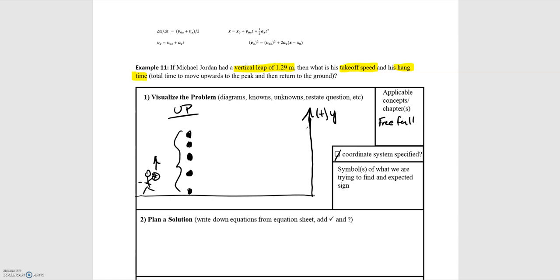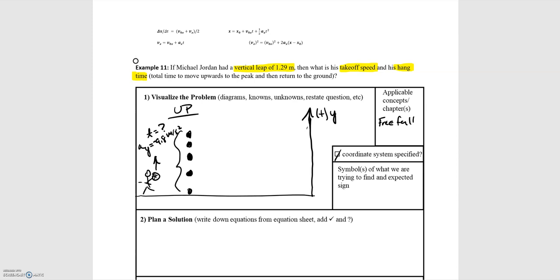I can now start filling in the information into the motion diagram. So spanning the entire motion, we don't know how long this upward motion is going to take, so we're going to put a question mark next to time. We do know that the acceleration is in the downward direction as a result of gravity, so it's negative 9.8 meters per second squared.